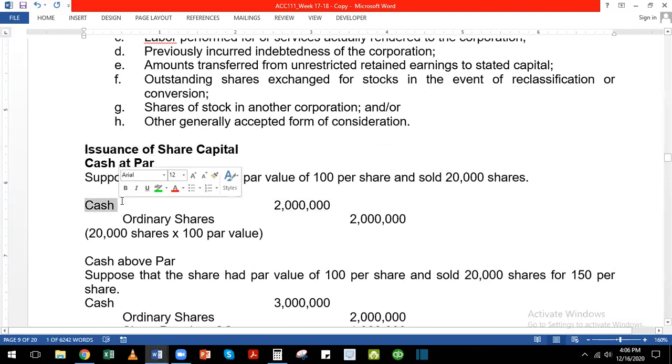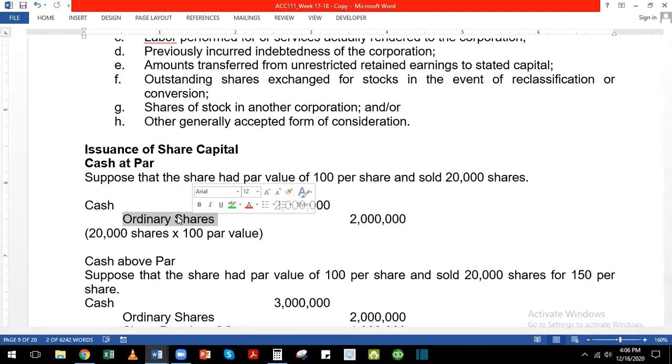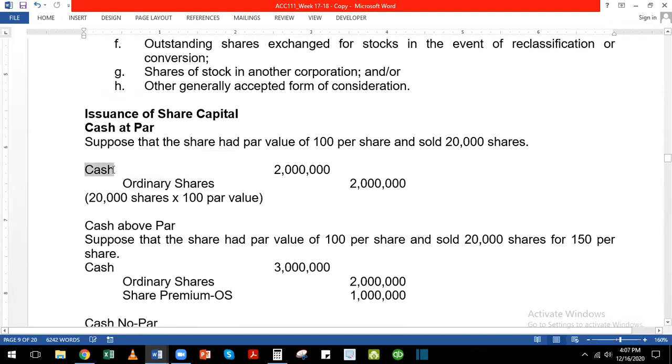Diba, mura ni siya ang initial investment, guys. Pag sa partnership o even sa sole proprietorship, you debit cash and you credit capital, for example ako ang nag-invest, so you credit capital. But in this case, we are not using yung capital. So we use here ordinary shares or even preference shares. So you debit cash and credit ordinary shares amounting to 2 million for the total consideration and 2 million at par.